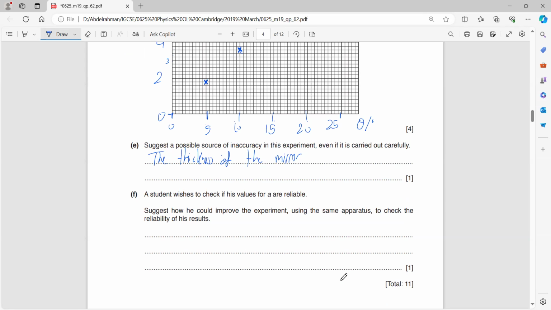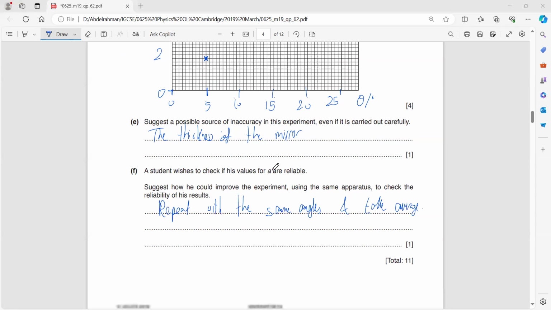He would repeat with the same angles and take an average. Any questions?